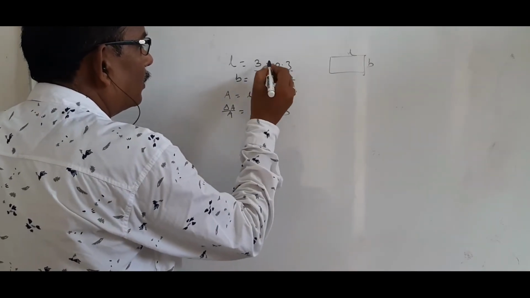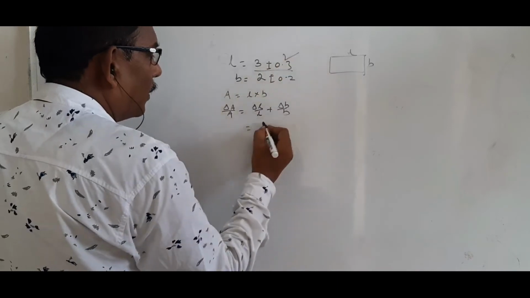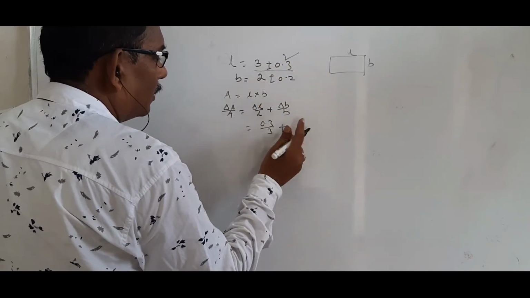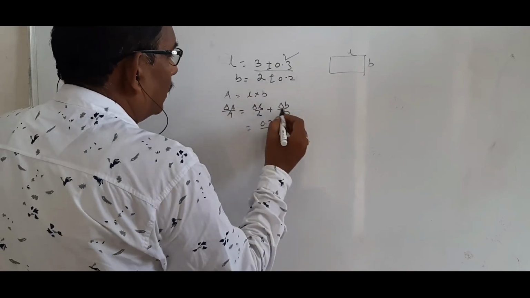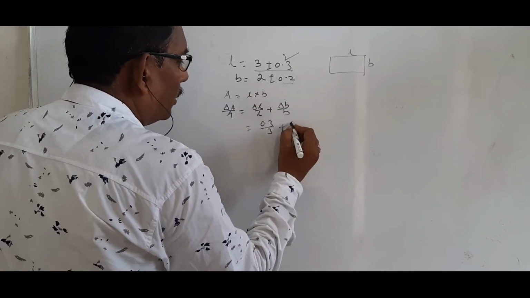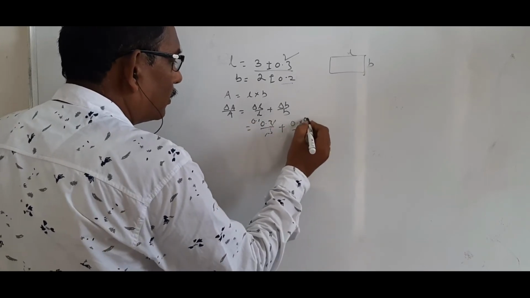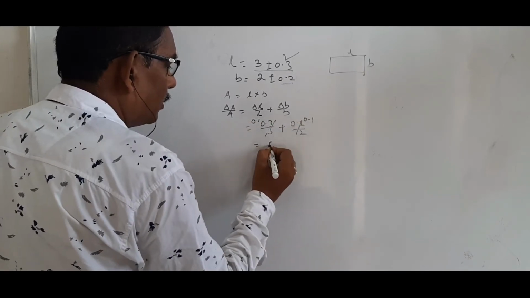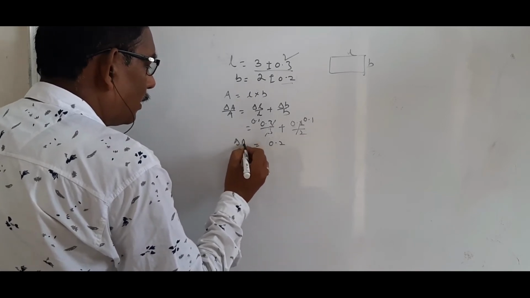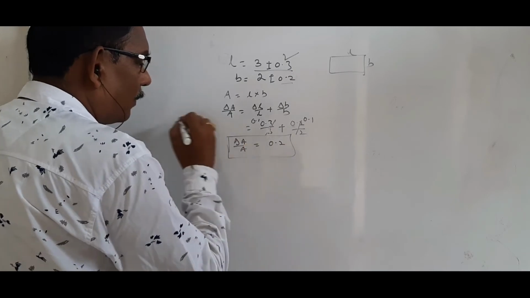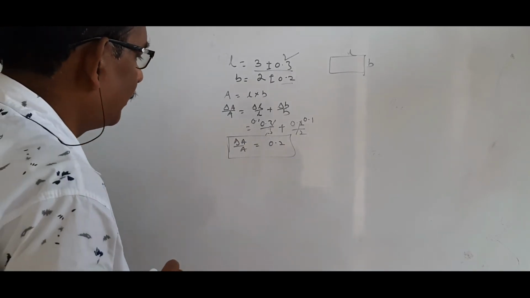So, delta L value is 0.3 by 3, that is 0.1, and delta B value is 0.2 by 2, it is also 0.1. This is your 0.2. So it is the relative error of area of the rectangle.